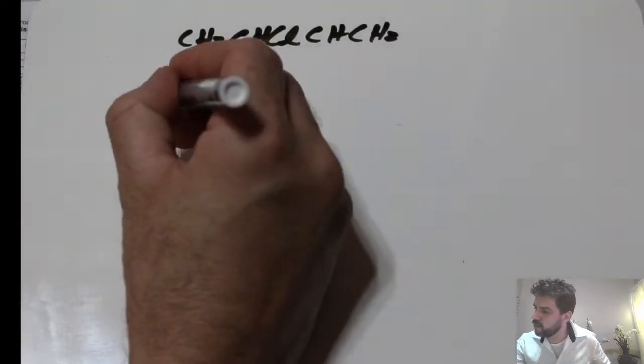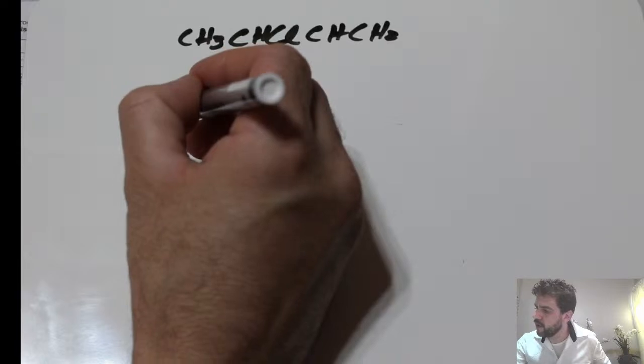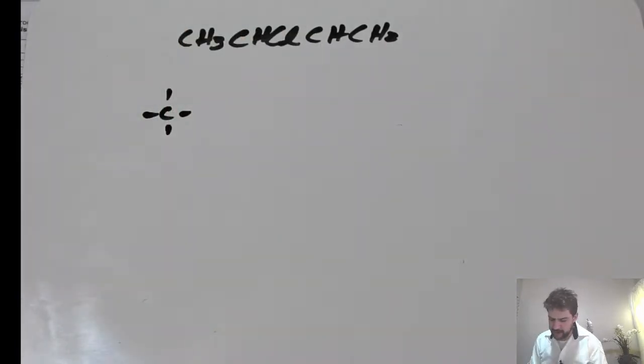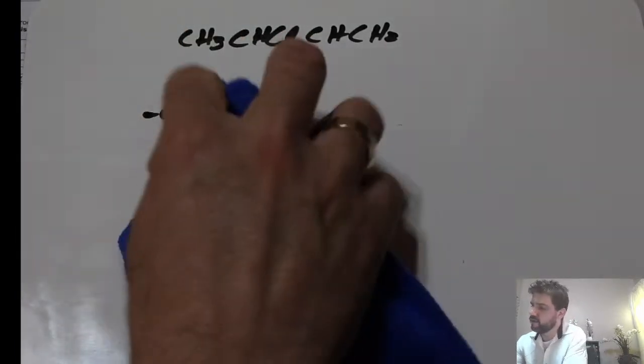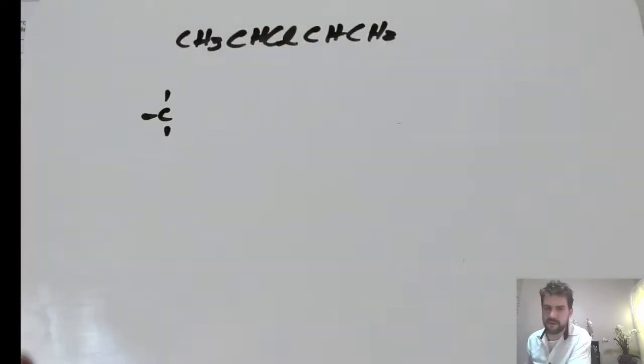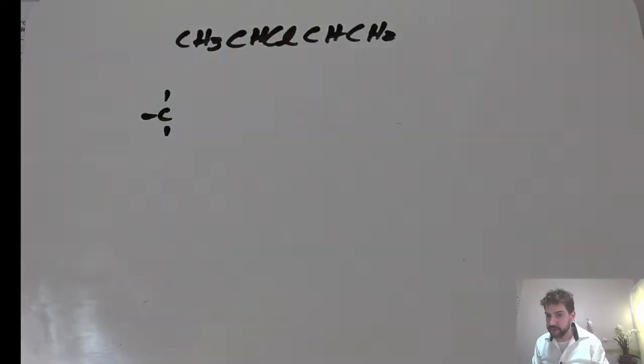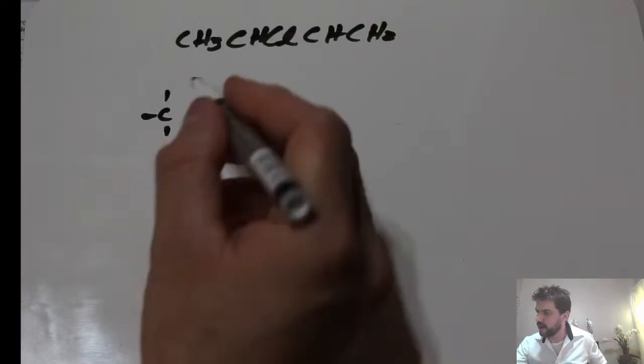It may be easier if we solve the structural formula before. So we have a carbon with 3 hydrogens. Then we have another carbon. No, don't combine the carbons yet. Leave the combining of the carbon for last, because they may be double or triple bond. So have all the carbons with the hydrogens and substituents, and then you join the carbons, okay? So we have a carbon with 3 hydrogens.